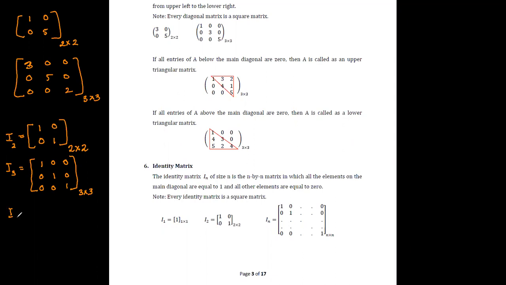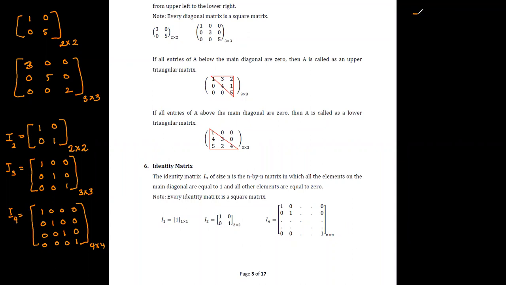Likewise, if you construct I4, then we will get 1, 0, 0, 0, 0, 1, 0, 0, 0, 0, 1, 0, 0, 0, 0 and 1. Therefore, this is how we construct a 4 by 4 identity matrix, denoted as I4.